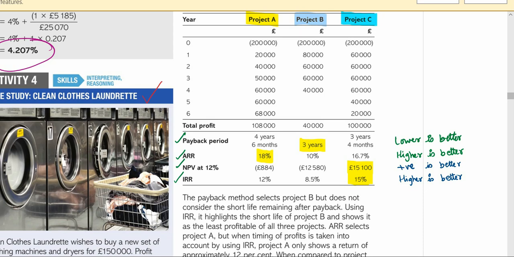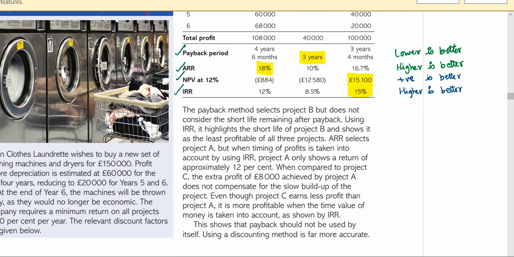Now we read this paragraph. The payback method selects project B but does not consider the short life remaining after payback. Using IRR highlights the short life of project B, and it shows as the least profitable of all three projects, because IRR is 8.5%, ARR is 10%, and NPV is negative.